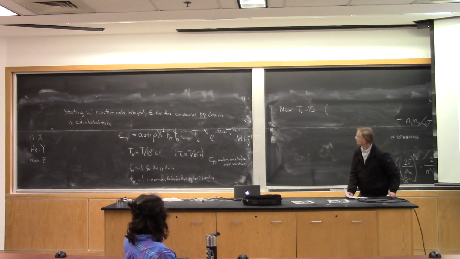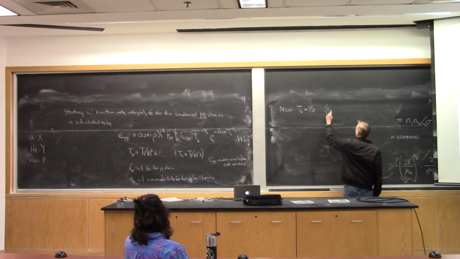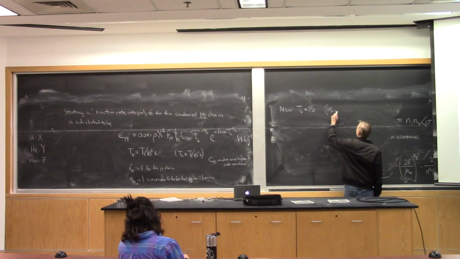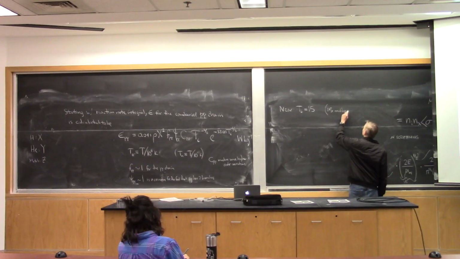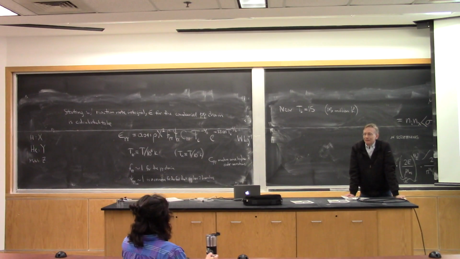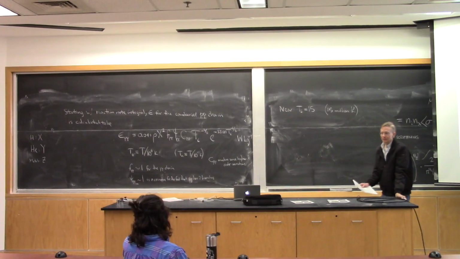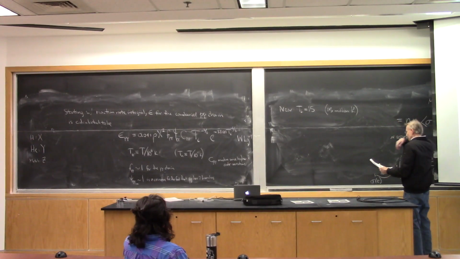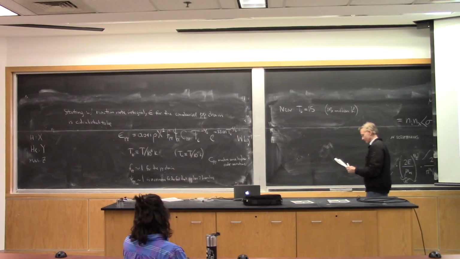So T6 being 15 means 15 million Kelvin. That's all it means, so don't be confused by the notation. Why would we choose 15 million Kelvin? Because that's around the sun's central core temperature. It's a little higher than that, but that's about the sun's central core temperature. So that's what we're interested in if we're talking about the sun.